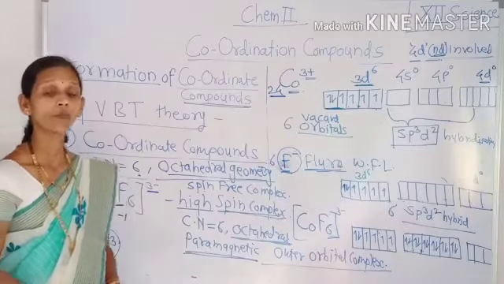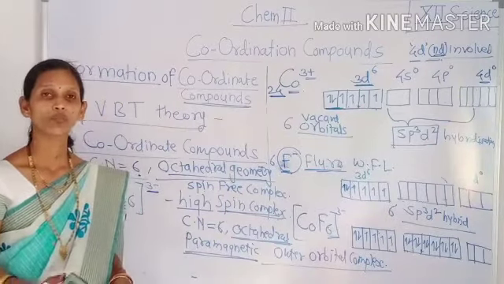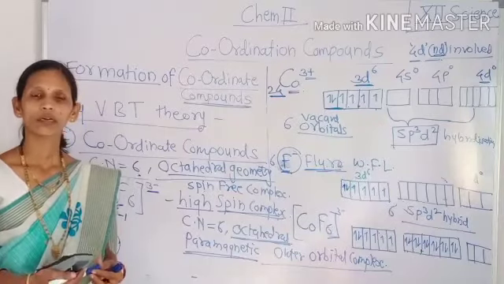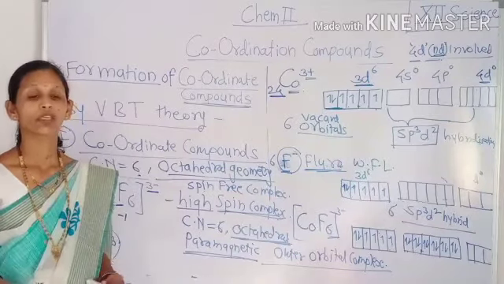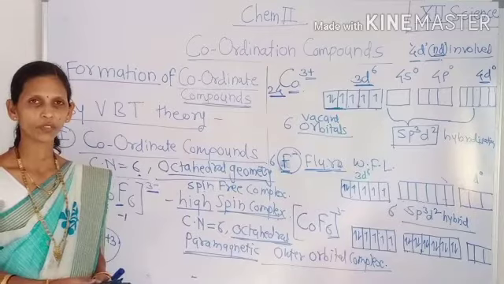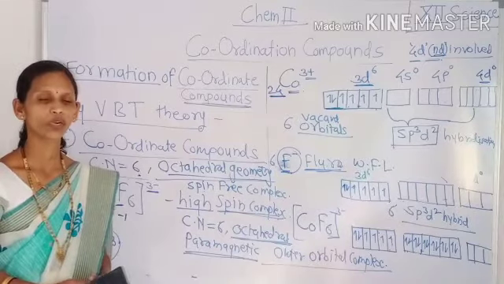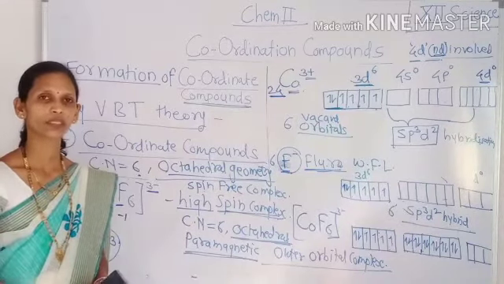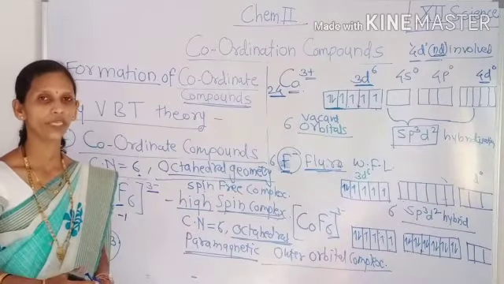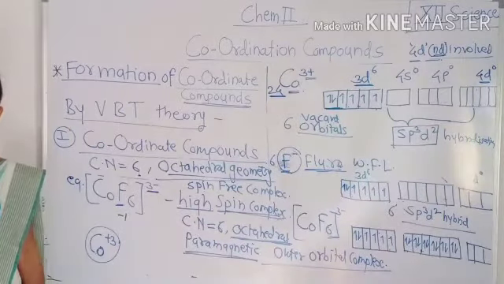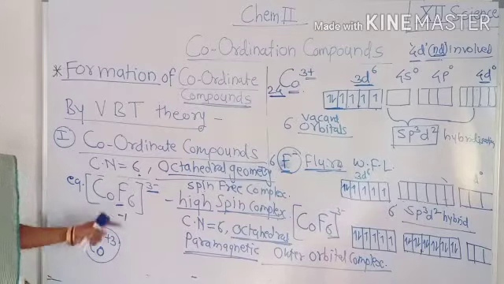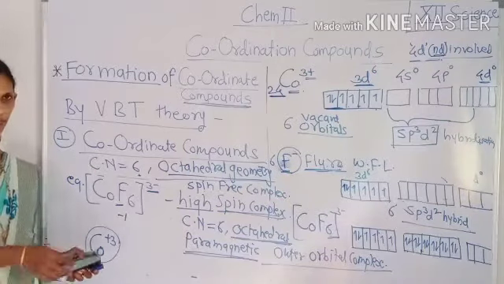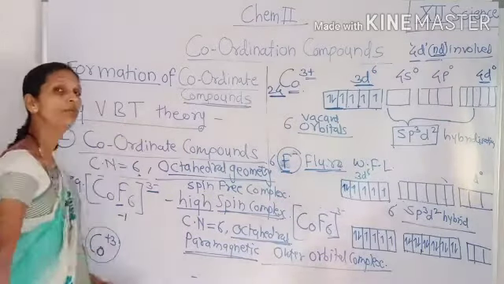That is about the formation of octahedral, square planar and tetrahedral coordinate compounds according to the VBT theory. One more thing we have to discuss is the limitations of this theory. Limitations of VBT theory.